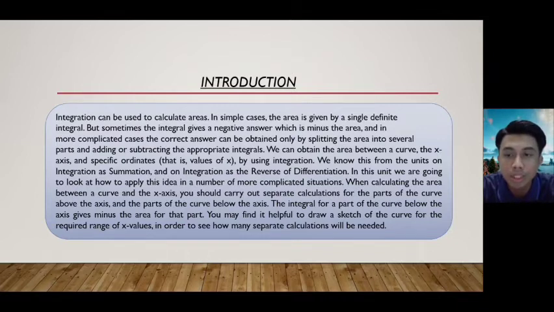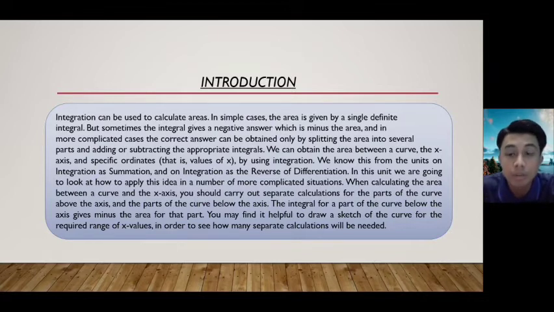In this unit, we are going to look at how to apply this idea in a number of more complicated situations. When calculating the area between a curve and the x-axis, you should carry out separate calculations for the part of the curve above the axis and the part of the curve below the axis.